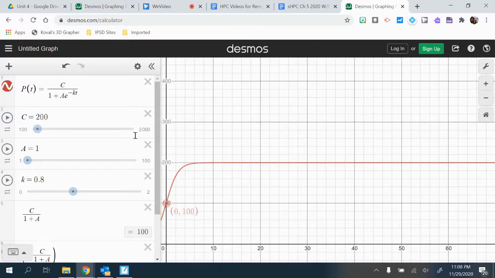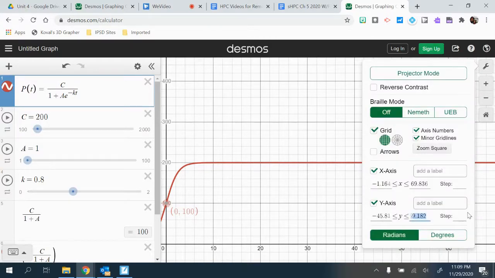So whatever my C is, that is what is called the carrying capacity. So notice that the function gets really close to that, but never quite hits it in terms of population. And so that's basically the cap of the population. So this area won't support more than 200 deer or something along those lines.